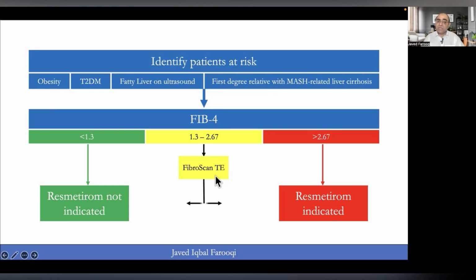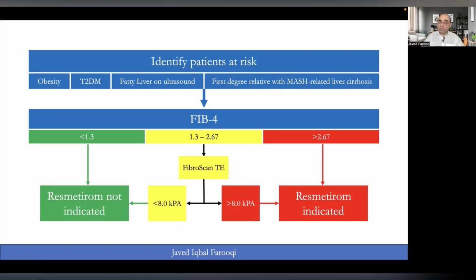And if the FibroScan result is less than 8 kilopascal, again, you put that patient into the green group where resmetirom is not indicated, but such a patient needs follow-ups. But if it is more than 8, this is the group where resmetirom is indicated.